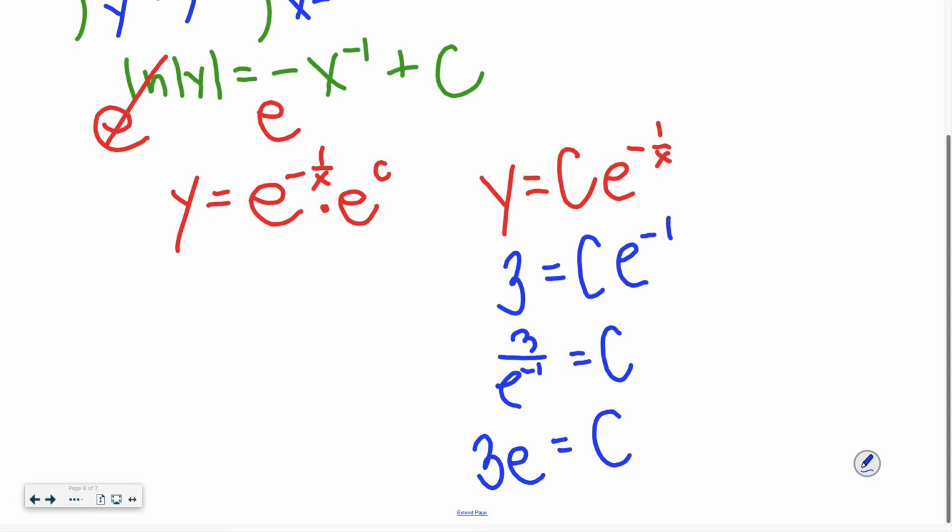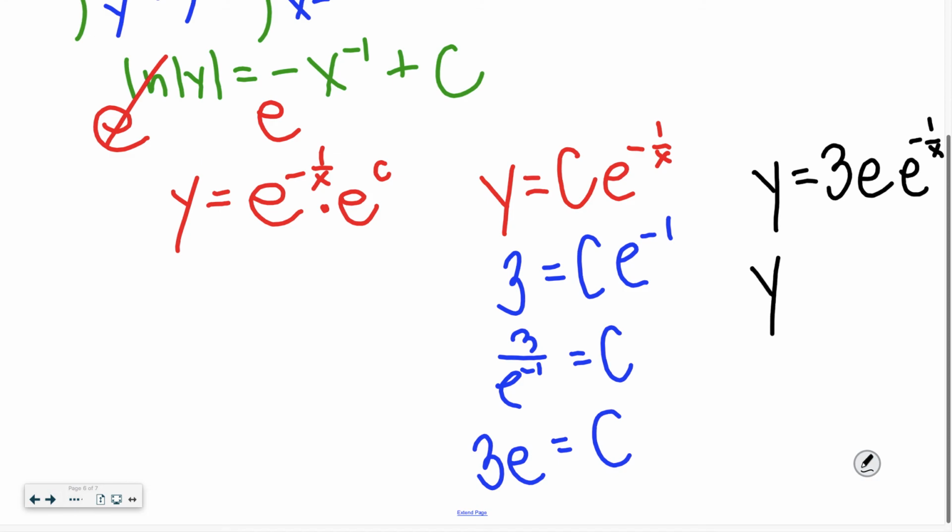Okay, so now we'll plug our c value into our equation. If c is 3e, then we have something like this, which also looks kind of unclean and messy.